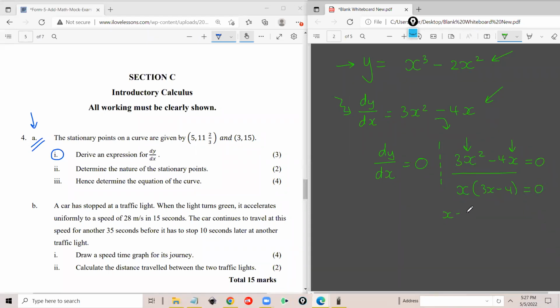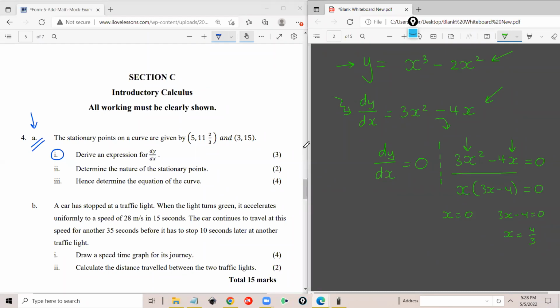And then we would say x is equal to 0, and then 3x minus 4 is equal to 0. When we solve this equation, we will get 4 over 3. So the two x coordinates of the stationary points would be x is equal to 0 and x is equal to 4 over 3, right?